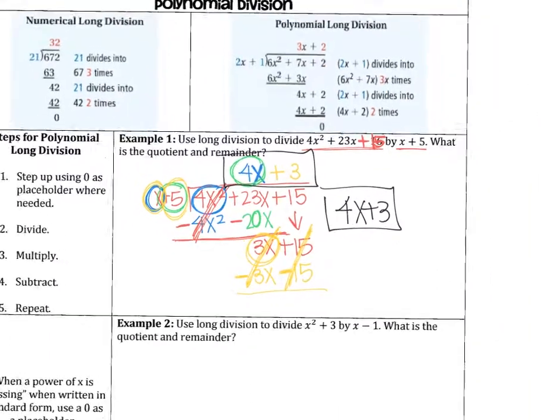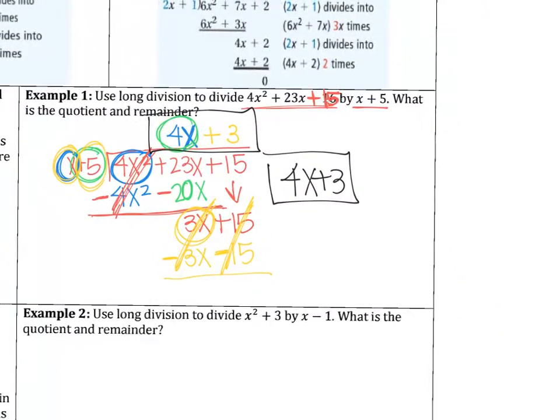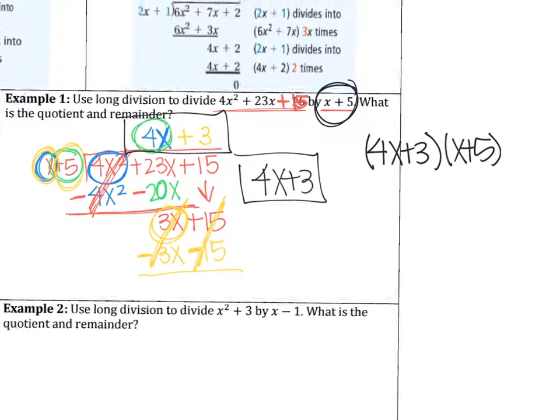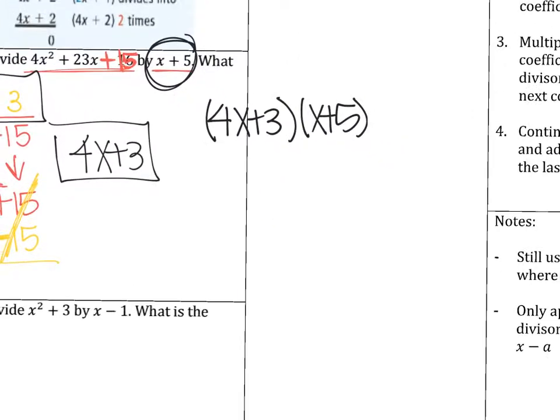Now, again, like we talked about with the monomials, a great way to check it is to take your answer multiplied by what you divided by. So 4x plus 3 times x plus 5. We're going to have to FOIL it, or if you like box method, I know a lot of you like box method, so I'll do box method.